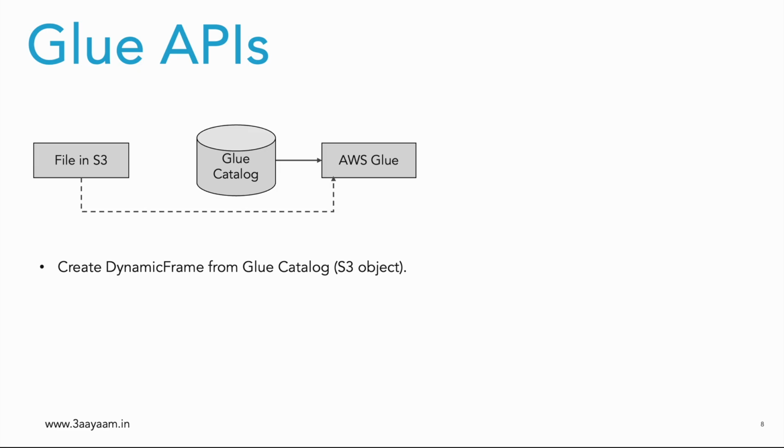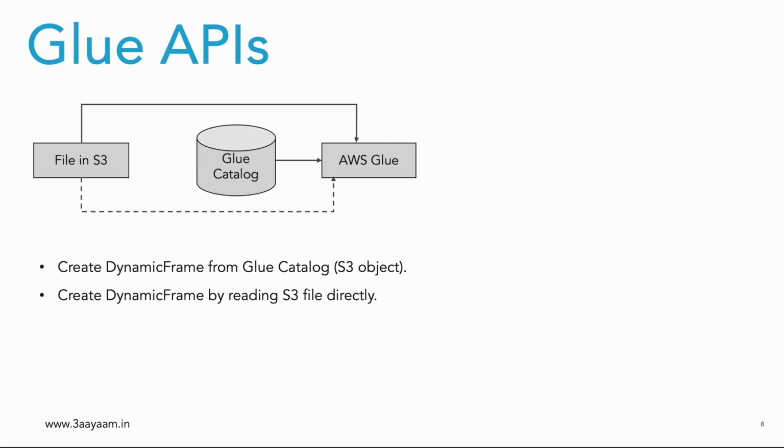Behind the scenes, AWS Glue will read the files which are available in S3 because the Glue data catalog would contain the location of the files. So it would create a dynamic frame from the files available in S3, or else if we want, we can directly read the files from S3 without the Glue data catalog.